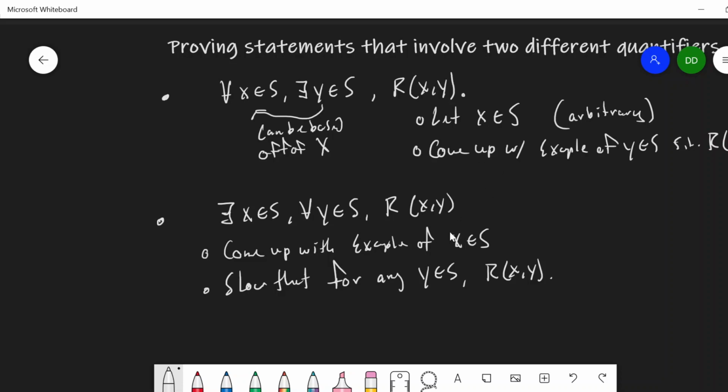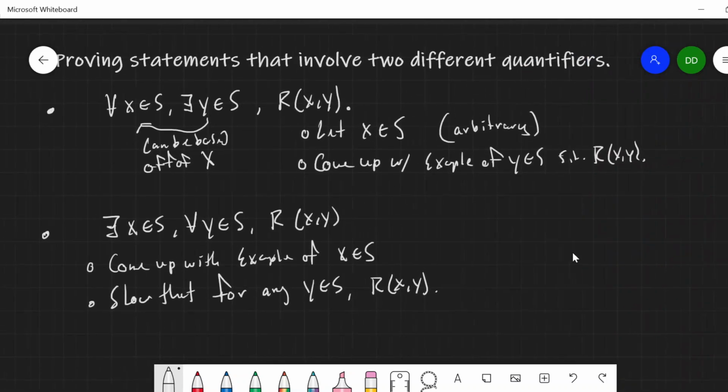So the order here is different in terms of the existence and the universal statement, and so the proof techniques are different in each case. So what we're going to do is look at an example of each of these, and hopefully you'll see how these are different and be able to extend this to other problems. All right, let's take a look.